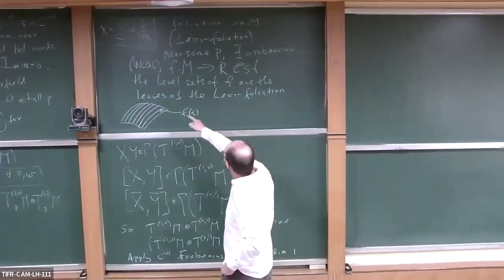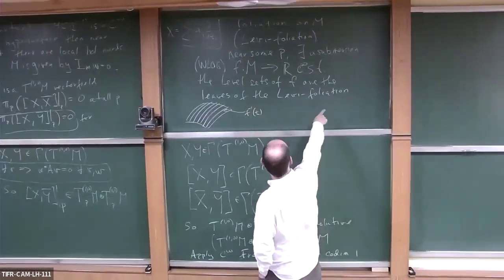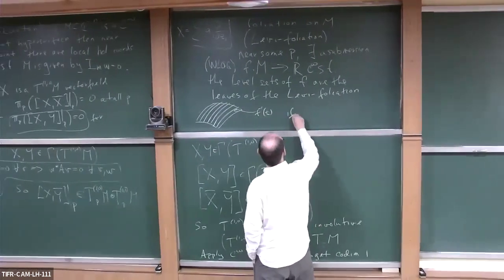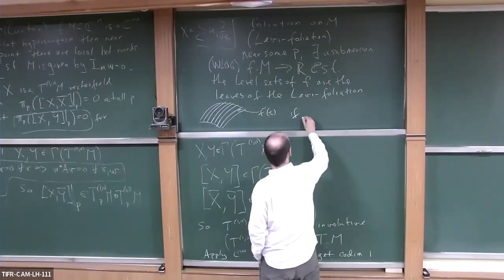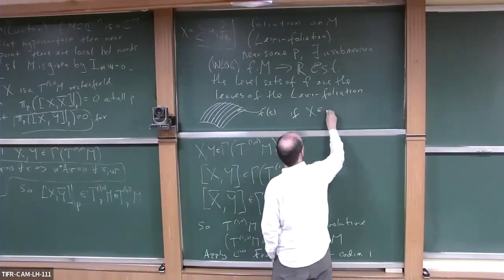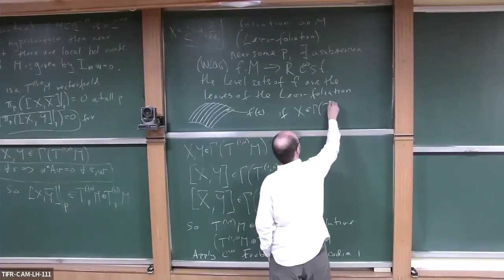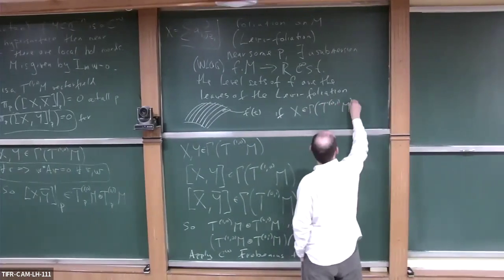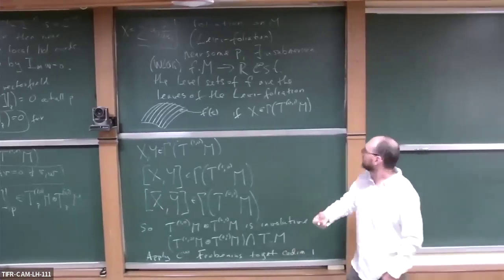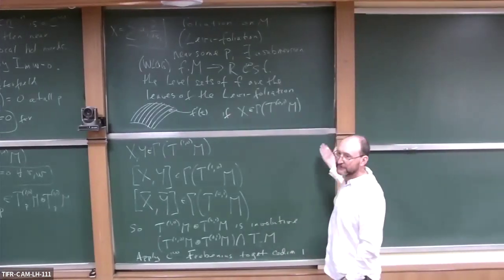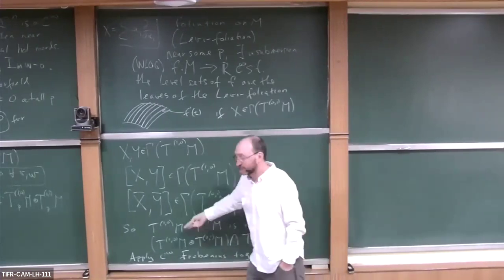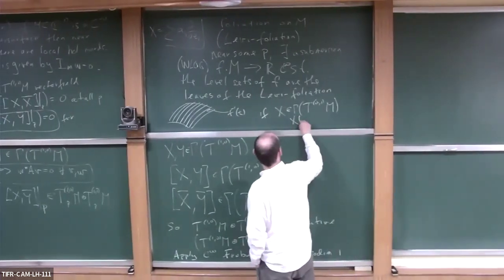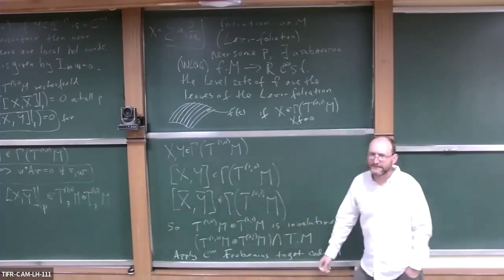So the level sets are the leaves of the Levi foliation, which means that if X is a vector field in, let's say, the 0,1 part, but it could be in either 0,1 or 1,0 or in the direct sum, it doesn't really matter, then X applied to it is 0, right?